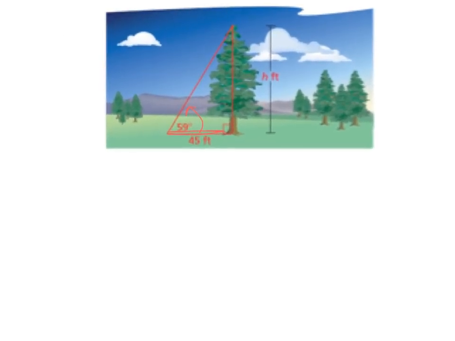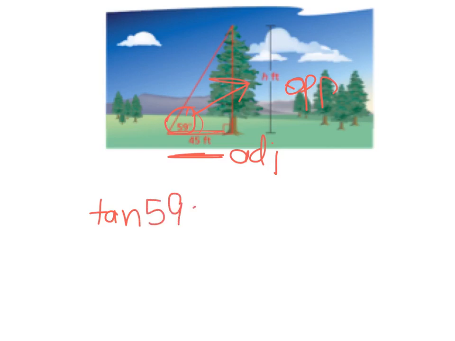I'm standing 45 feet from the base of the tree. So I have a 59-degree angle. The height of the tree is opposite. 45 is adjacent. So I'm going to use the tangent of 59 equals the opposite, which is h, over 45.